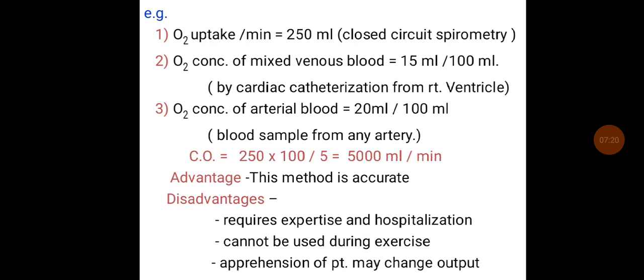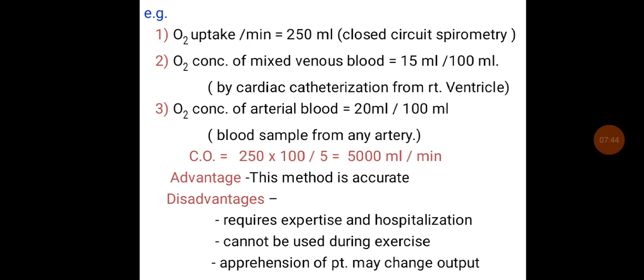Normally oxygen uptake per minute is equal to 250 ml. It can be calculated by a BMR apparatus. The oxygen concentration of the mixed venous blood is 15 ml per 100 ml. This is done by cardiac catheterization, taking blood from the right ventricle.